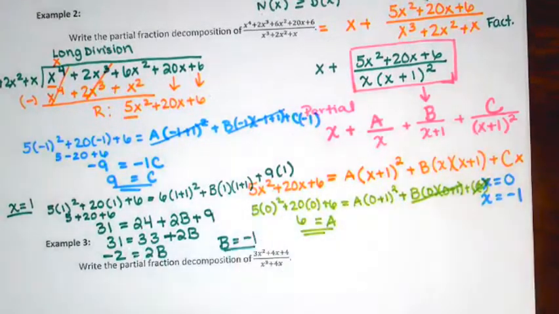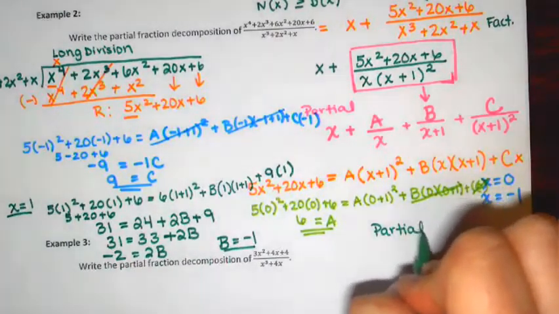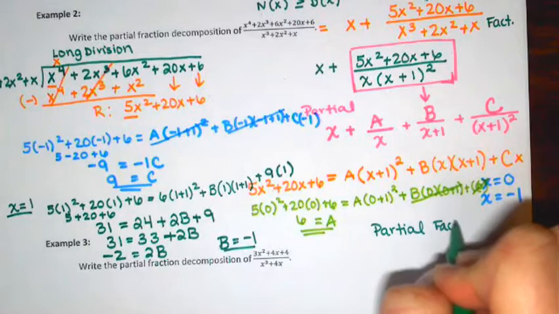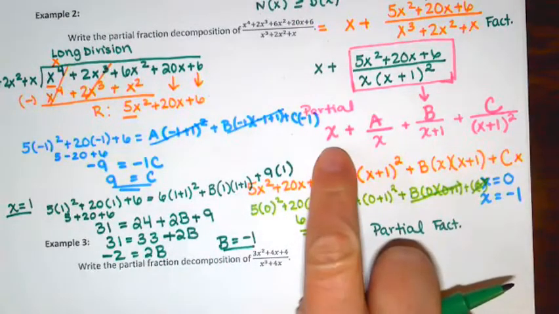So now, do I have A? Yes. Do I have B? Yes. Do I have C? Yes. So now I can actually write my partial fraction. We cannot forget the original X, because that's what we divided by.